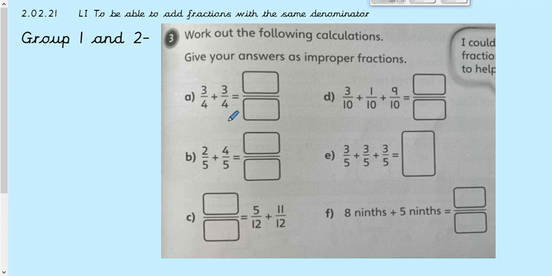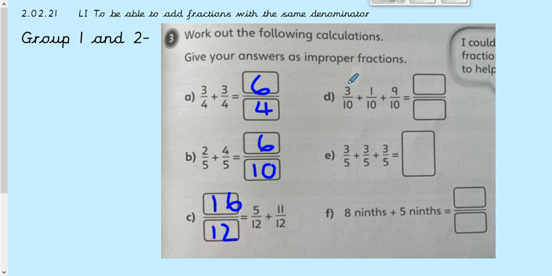Okay, group 1 and 2 then. You had to work these out and give your answers in improper fractions. So the first one would have been 6/4. B would have been 6/10. This one would have been 16/12.